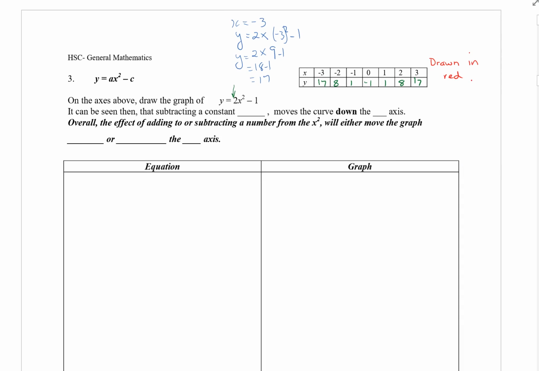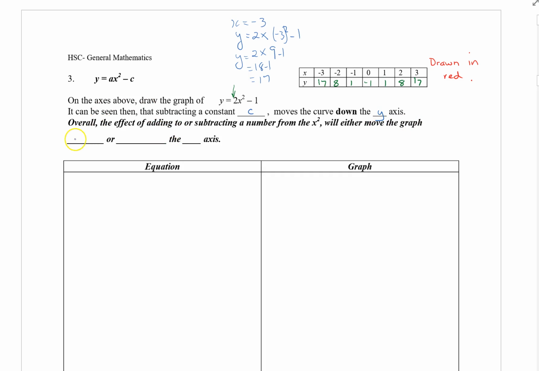So we can see that subtracting a constant c moves the curve down the y-axis, and overall the effect of adding to or subtracting a number will move the graph.